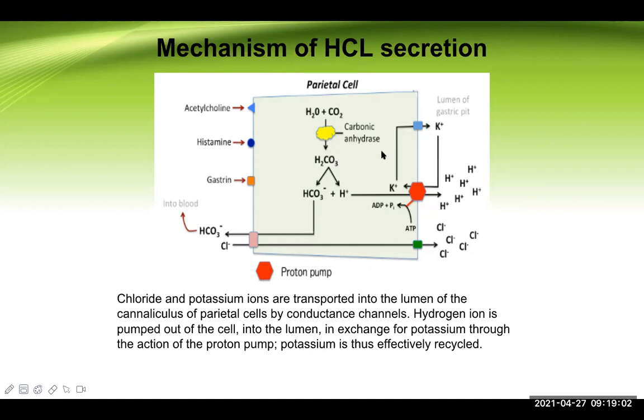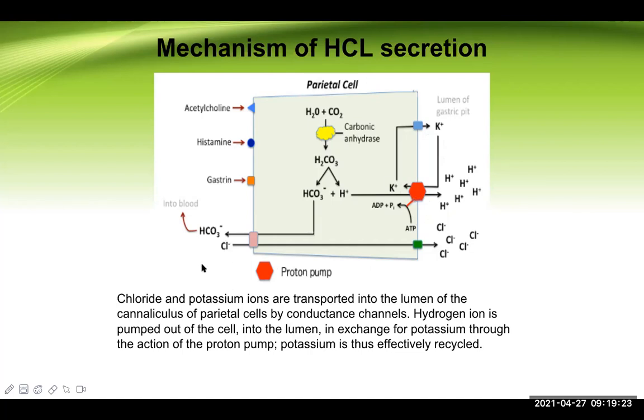Potassium is also secreted here, but it is recycled inside with the help of this hydrogen potassium ATPase pump. Energy is used for this transport, and that's why it is known as an ATPase pump.